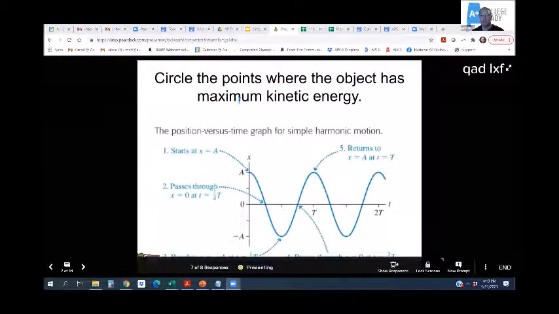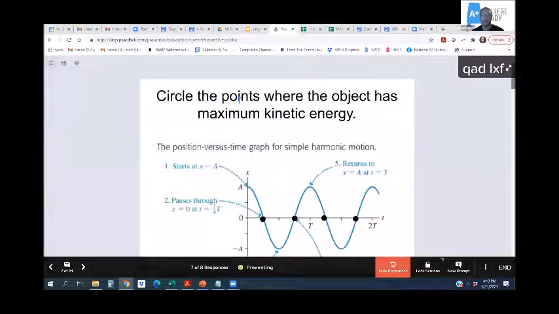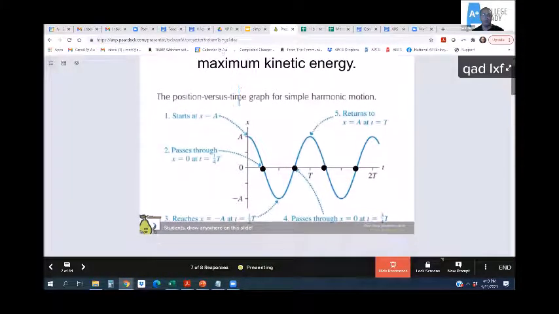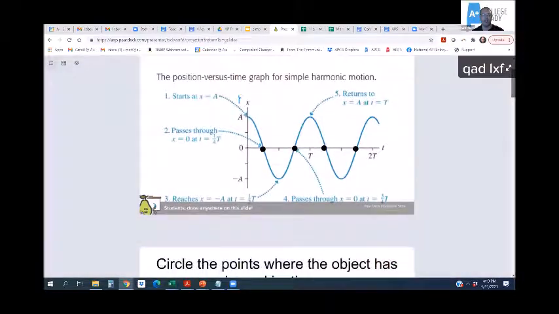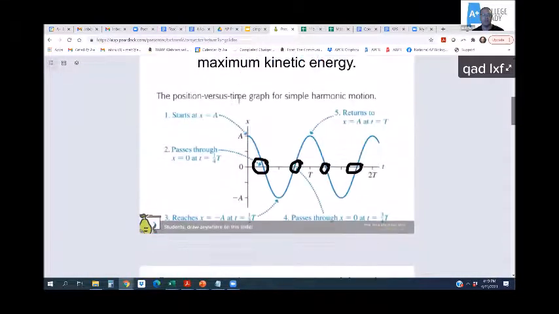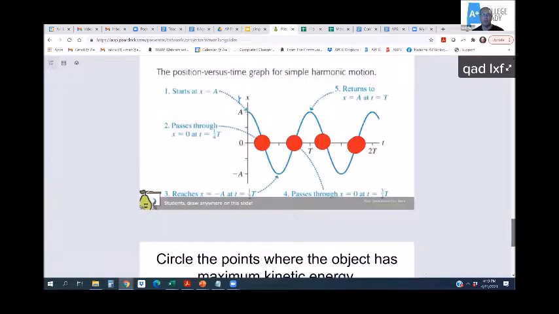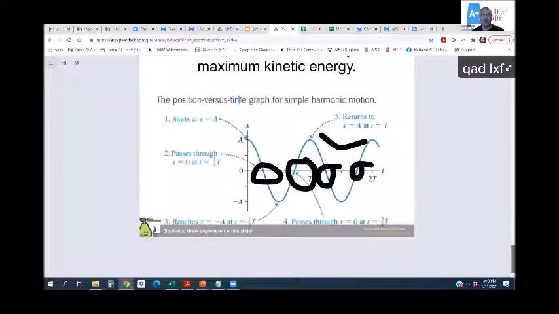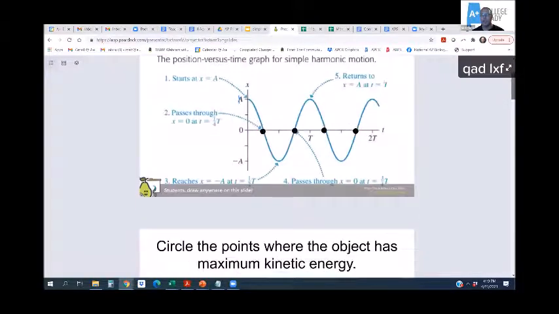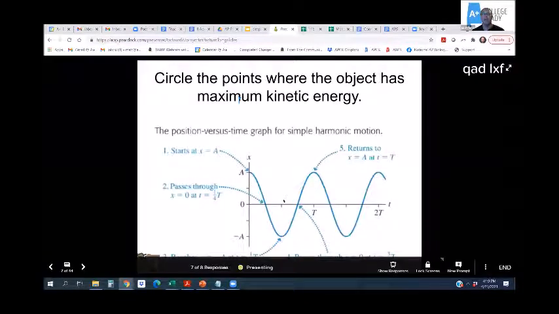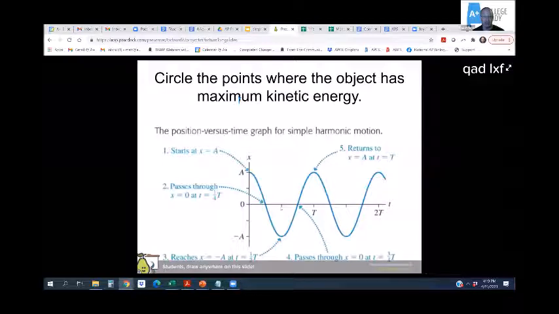All right, I'm going to see what you guys are seeing. Just show your responses. So this person put some dark spots on the axis. Same thing here. All right, looks like you guys have got this. All of you put the same thing pretty much, and those answers are correct. During simple harmonic motion, the maximum velocity is going to be at the equilibrium position, which is at 0 here.